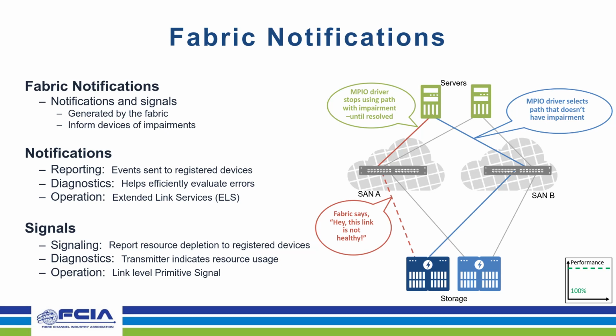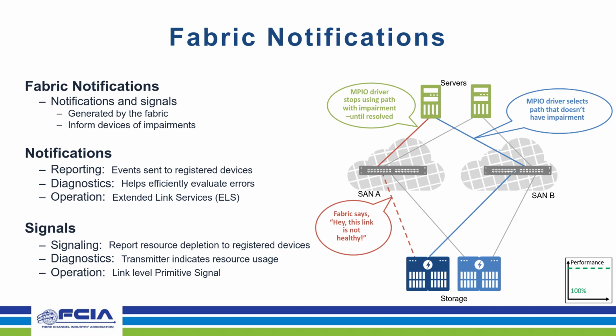And so the next enhancement that we're looking at is something called fabric notifications. This is a mechanism that allows the fabric to send notifications about issues that may be occurring in the fabric. There are two types of notifications, based on ELSs and signals.